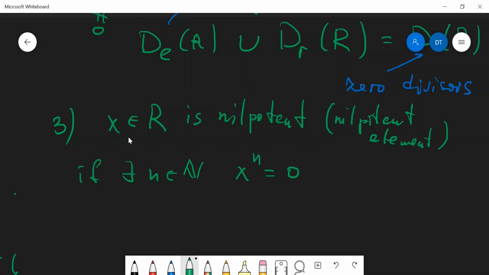In this case, X is called nilpotent. And the set of all nilpotent elements will be denoted by Nil R.